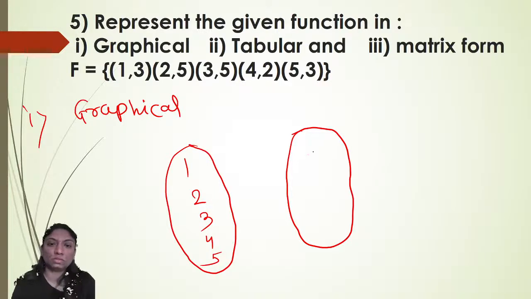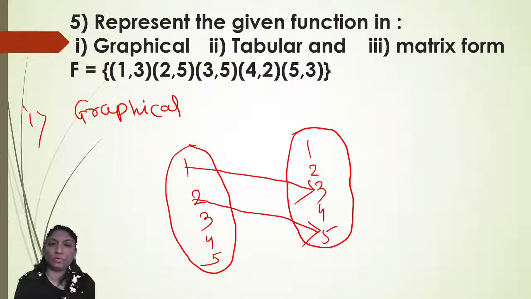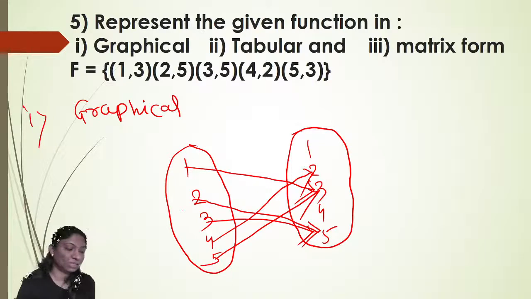And here again 1, 2, 3, 4, 5. 1, 3; 2, 5; 3, 5; 4, 2; and 5, 3. Okay? This is the graphical representation from A to A.